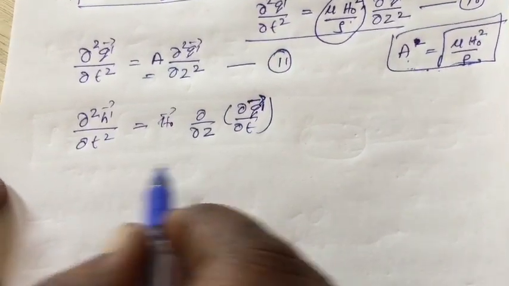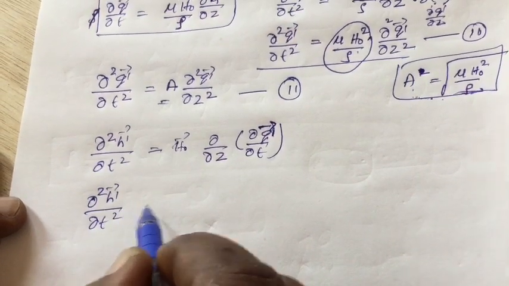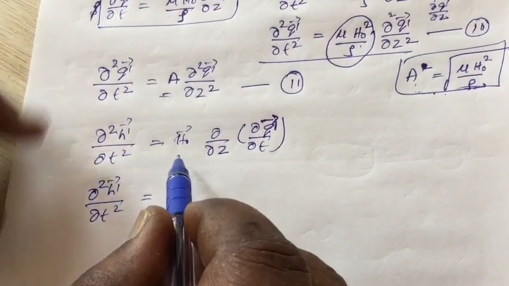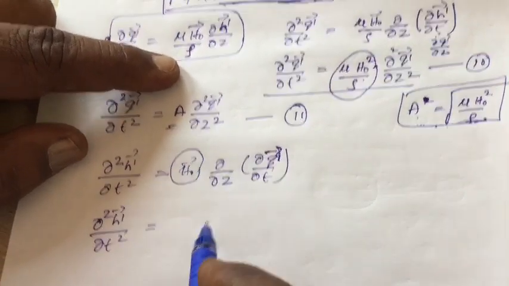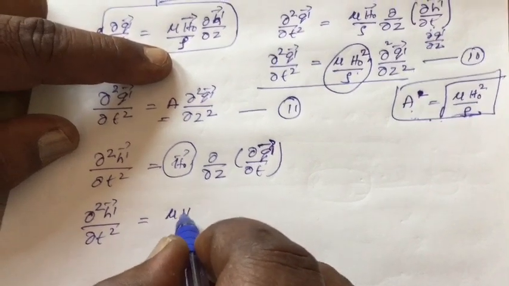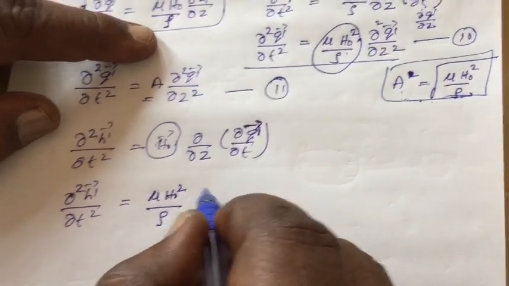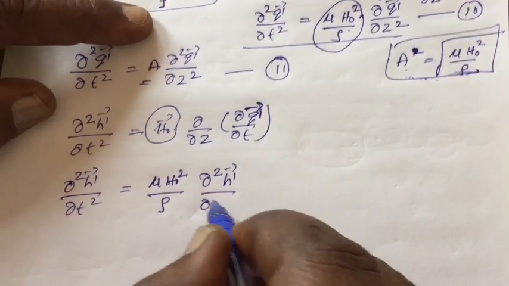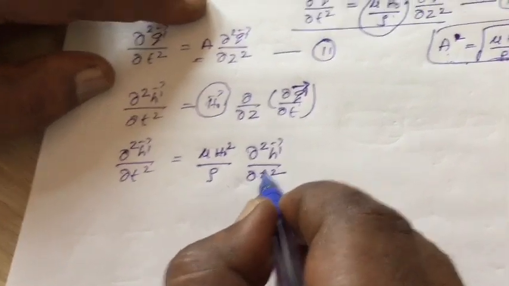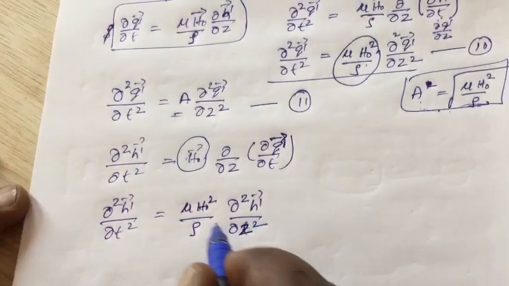Then del square h dash by del t square is equal to, since mu H naught by rho is there and one H naught is here, mu H naught square divided by rho into del square h dash by del z square.